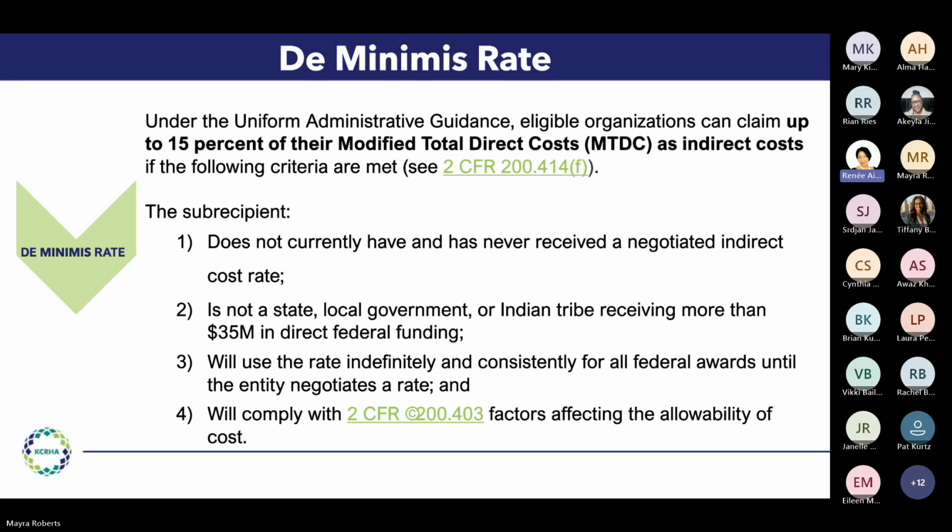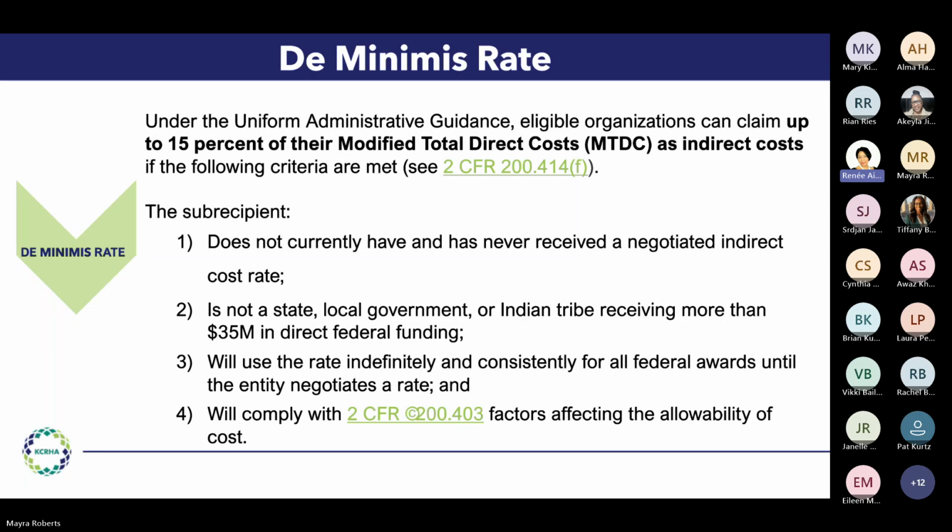You also must not be a state, local government, or Indian tribe receiving more than 35 million in direct federal funding. And you will use the rate indefinitely and consistently for all federal awards until you negotiate an indirect cost rate, right? So that's why when we have you certify your election, if you're electing to use that, we require you to use it across all fund sources. That is because that is what is required under the CFRs, okay?